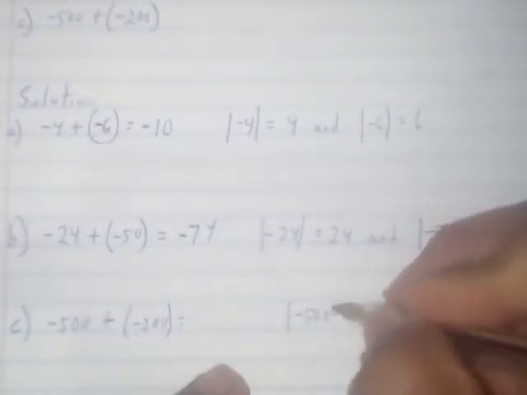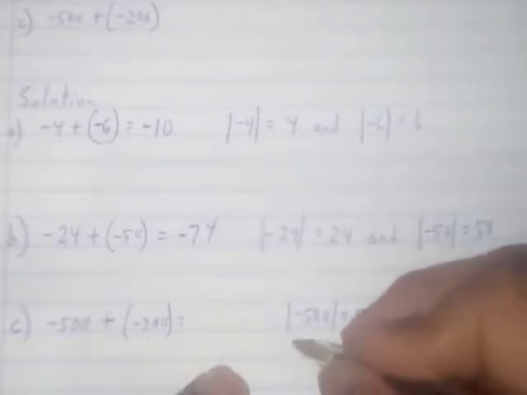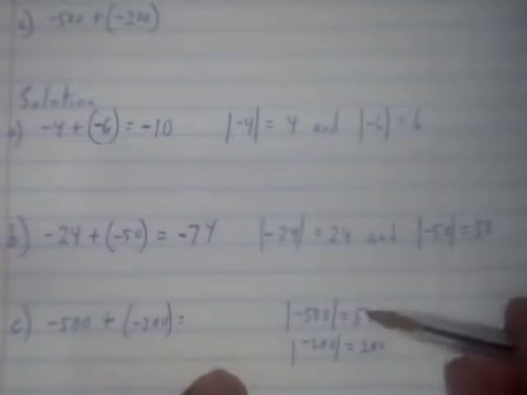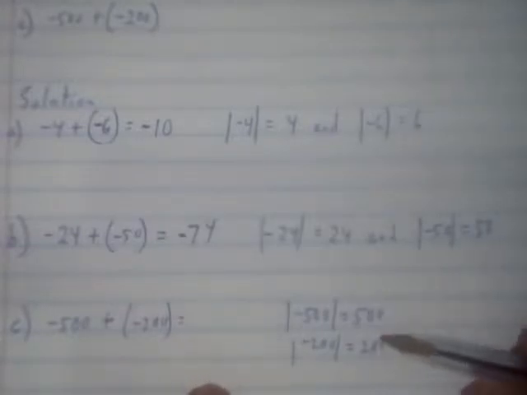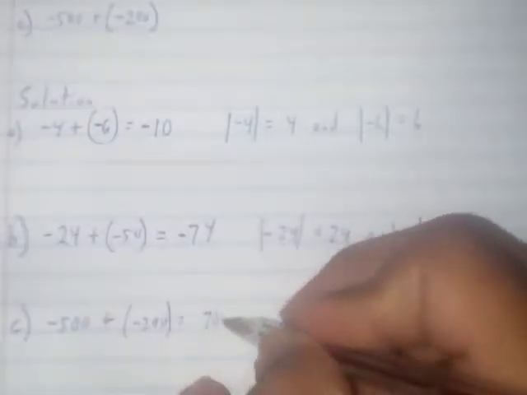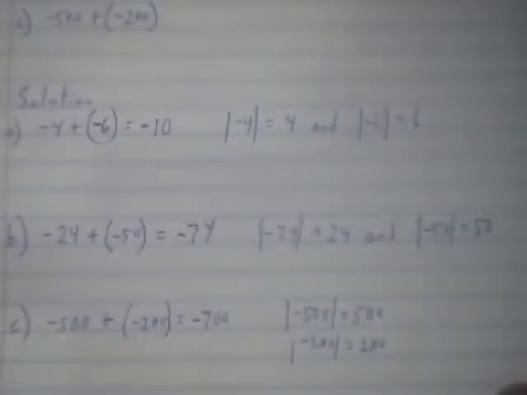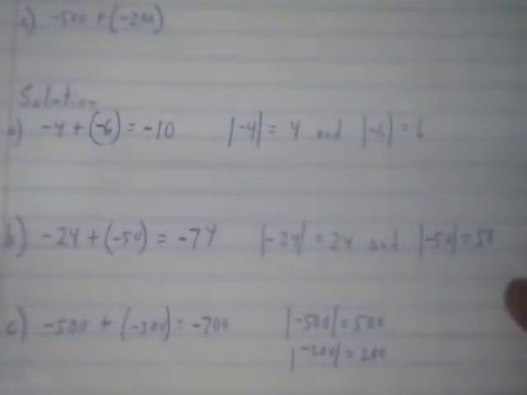The absolute value of negative 500 is 500, and the absolute value of negative 200 is 200. Now add their absolute values, 500 plus 200, which gives us 700, and then make their answer negative. That is adding integers which are like signs.